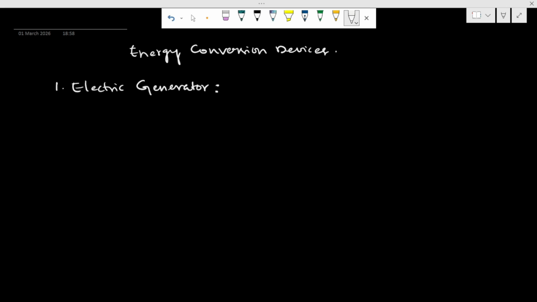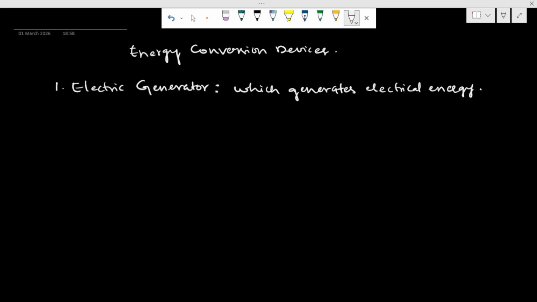As the name itself shows, that which generates electrical energy is known as electric generator.